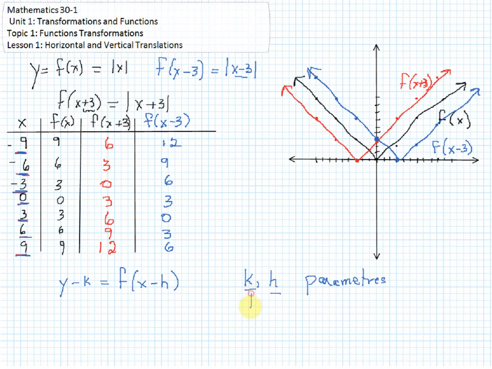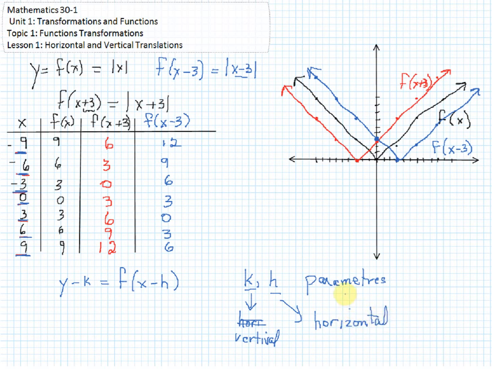So the k is specifically associated with the horizontal translation. Sorry, let me correct myself, that's the vertical translation. And h with the horizontal translation.